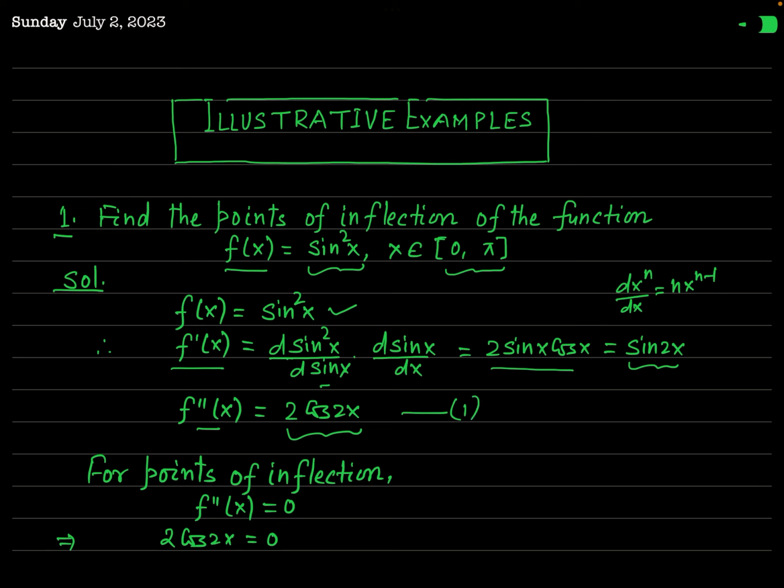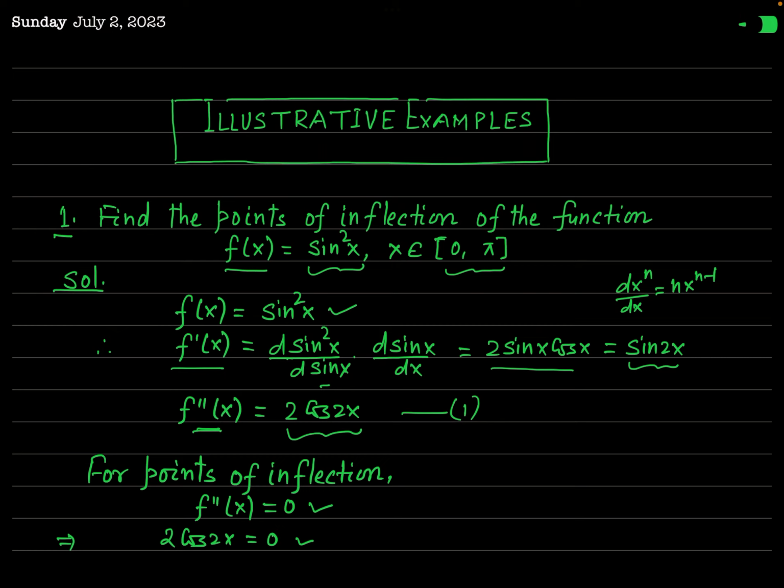Now as I have told you earlier, if your aim is to find the point of inflection of this function, we will simply equate f double dash of x equal to 0. So for points of inflection, we substitute f double dash of x equal to 0. But f double dash of x is 2 cos 2x, so 2 cos 2x is equal to 0.